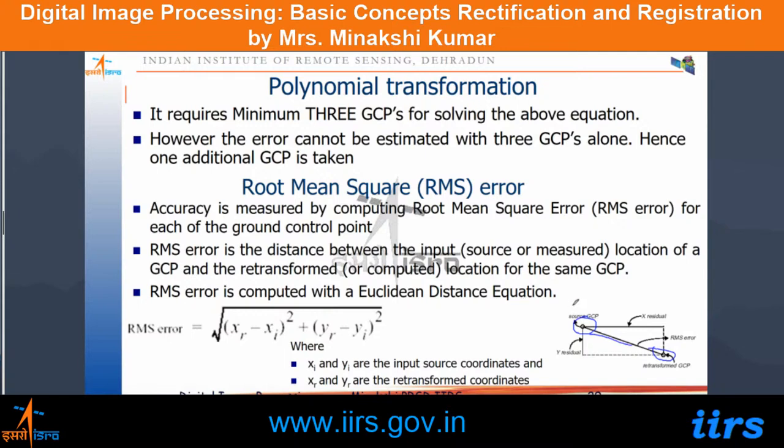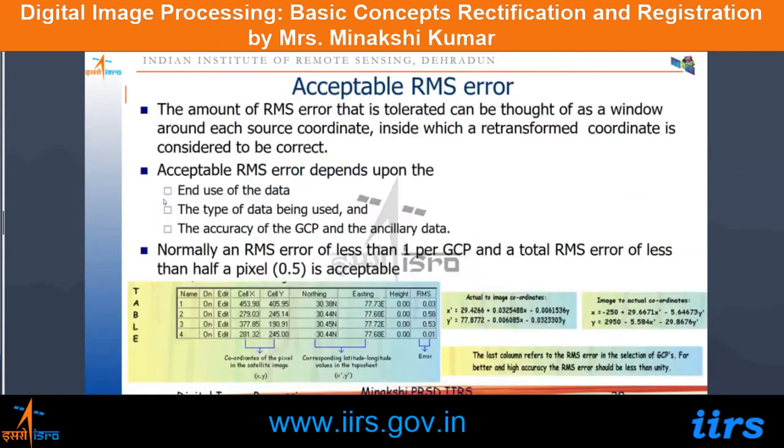So the smaller the distance, the smaller the error. So that is our requirement. The error should be the smallest. Right. Now, how much is the acceptable RMS? Acceptable RMS depends upon what we want to do with this rectification. What is the end use of the data?